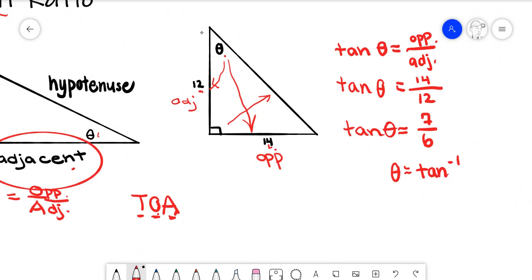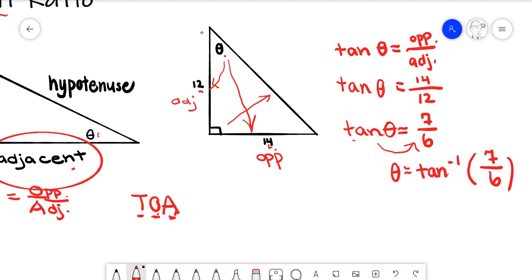That's not an exponent. This whole thing is the opposite of tan. Okay, and then we're going to put this in brackets. So what we did in this step was we brought this to the other side using the opposite, just like what we would do in algebra.